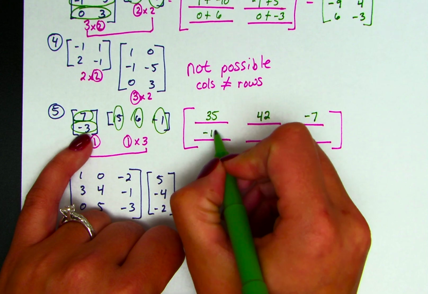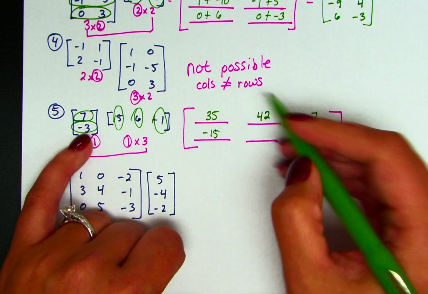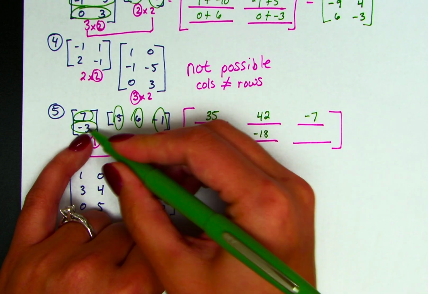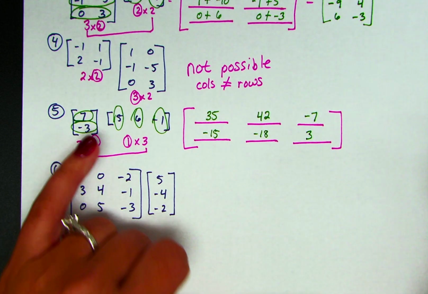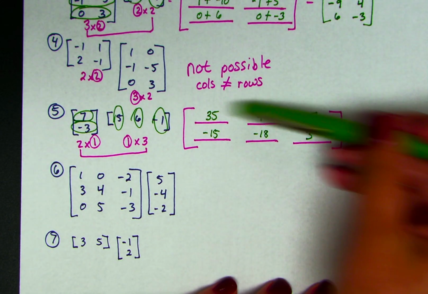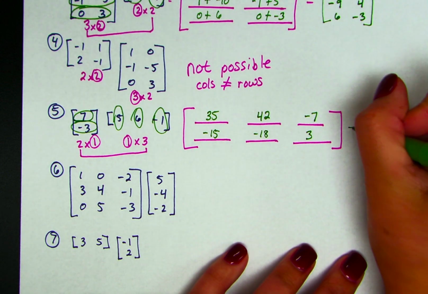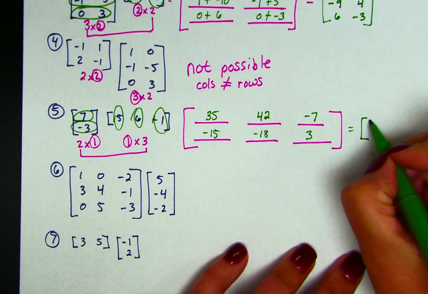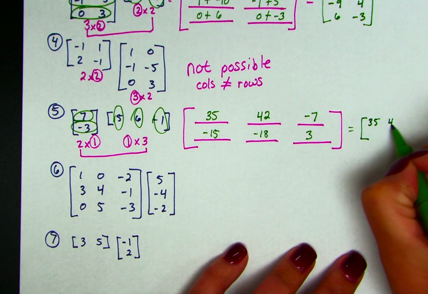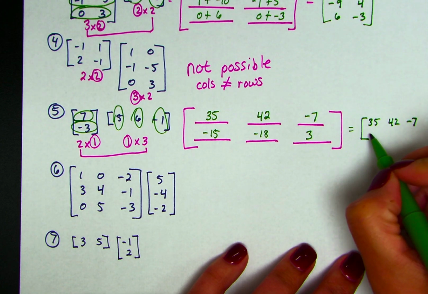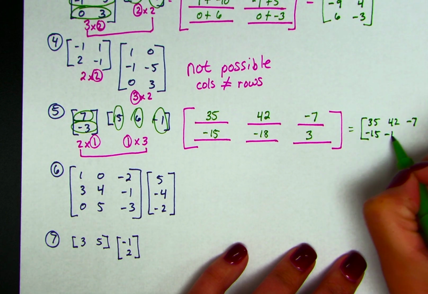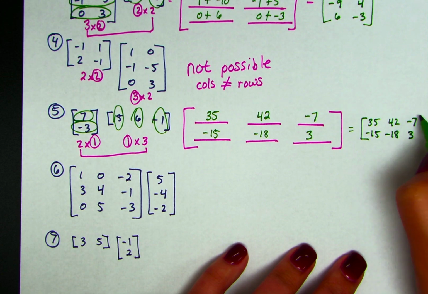So this will be negative 15, and then negative 18, and positive 3. So since there's nothing to simplify, this is technically my answer matrix, but I'm just going to rewrite it without all the lines. So 35, 42, negative 7, negative 15, negative 18, and 3.